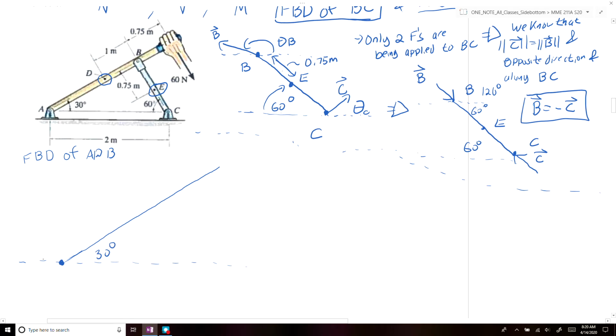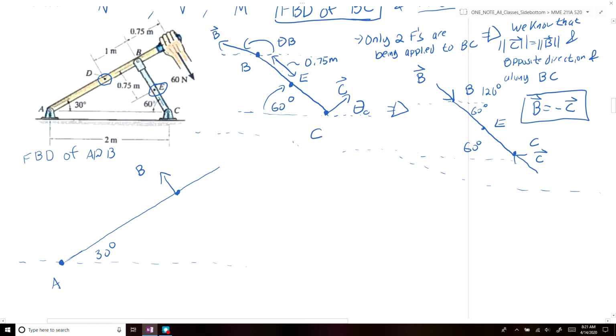All right. So we know at point A we have a pin joint. All right, and then at point B we know we have a pin joint as well, and we know at that pin joint it will apply an equal and opposite force as is applied to BC. So I'm going to draw this force going up.